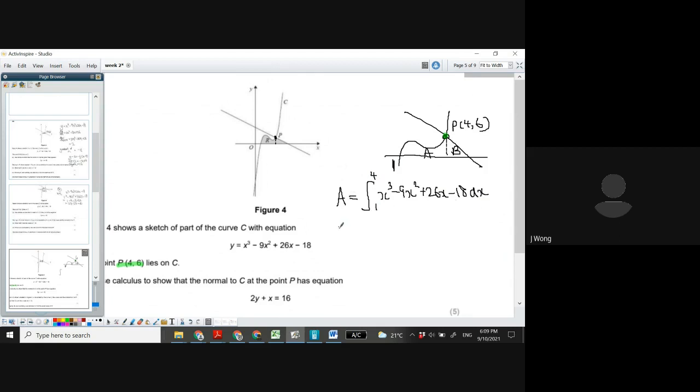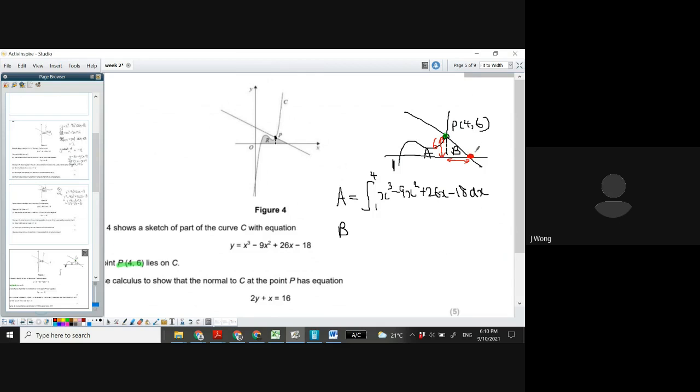And now for part B, again, this is the area of a triangle, so I just need the base and the height. Let's see how we could get that. Since this coordinate is (4, 6), we already know that the height of this triangle is 6. In order to know the base, we need the difference between the x coordinate here and here. So how could I get this point?